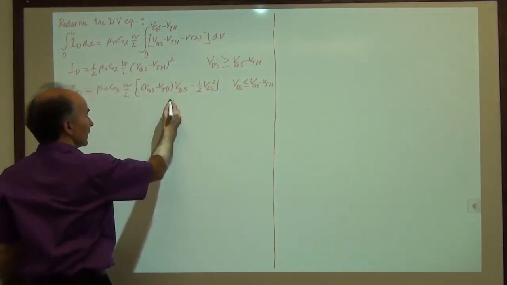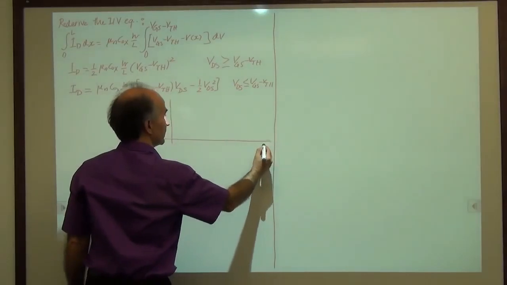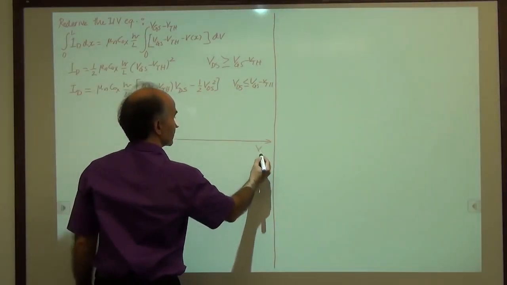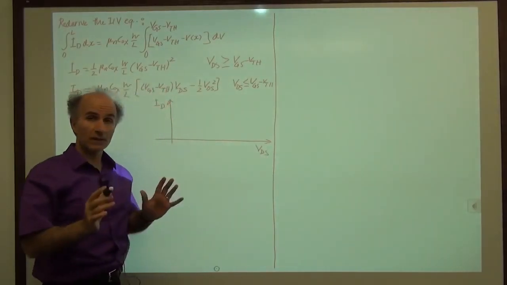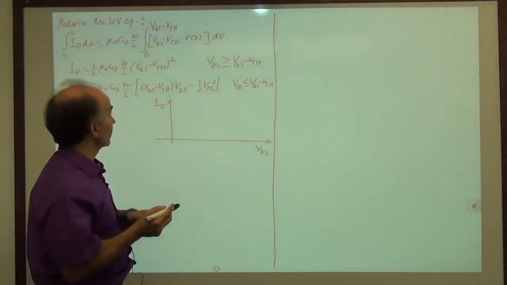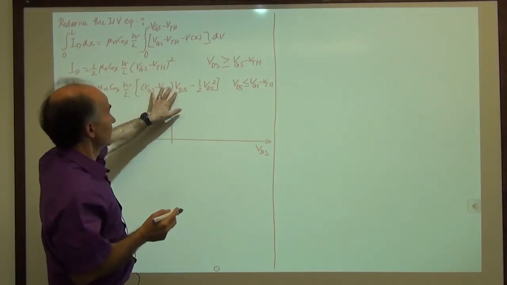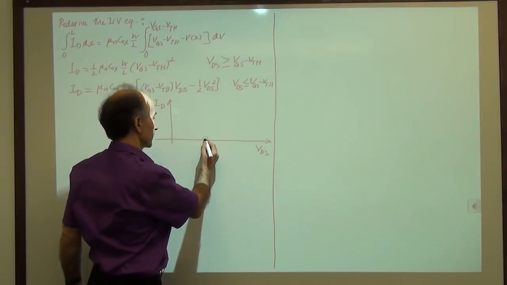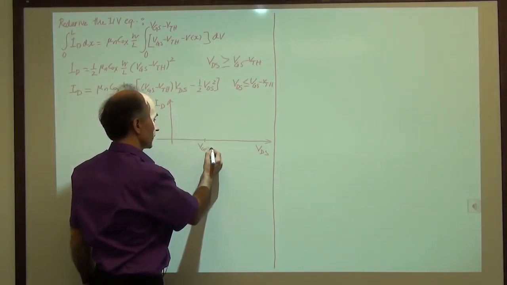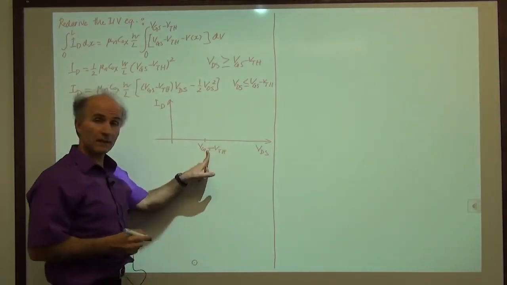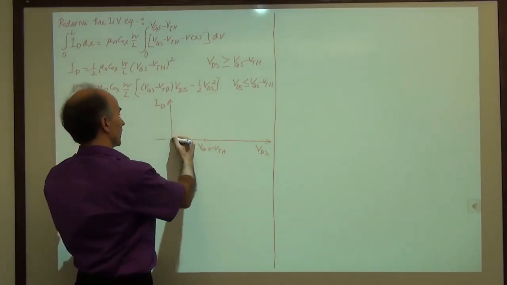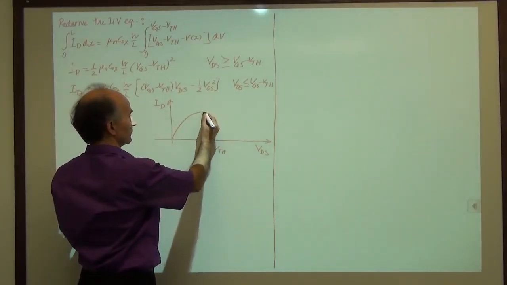All right, so here's what we have. If we plot ID as a function of VDS for a given VGS, however much you want to choose, this is what we get. Just mark this magical number here, VGS minus VTH. When VDS is smaller than this, we have a parabolic behavior as a function of VDS. So we go up parabolically, reach a maximum.